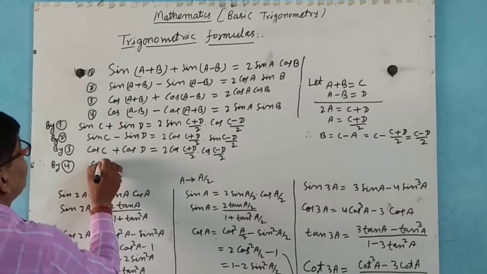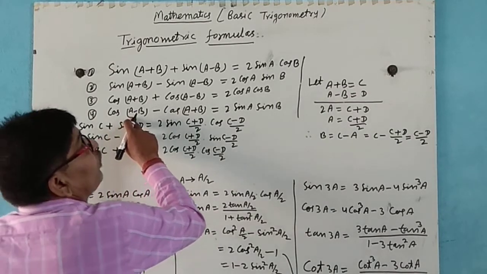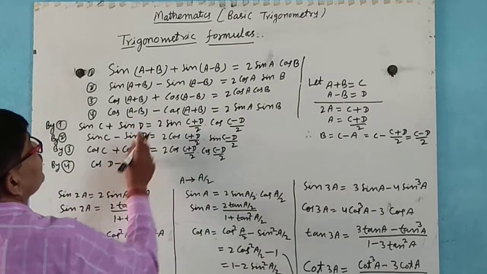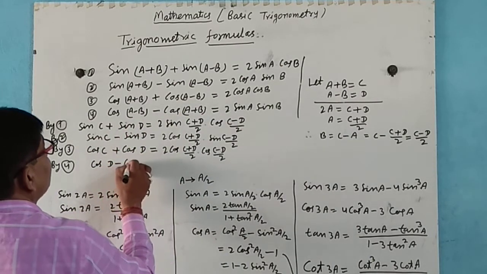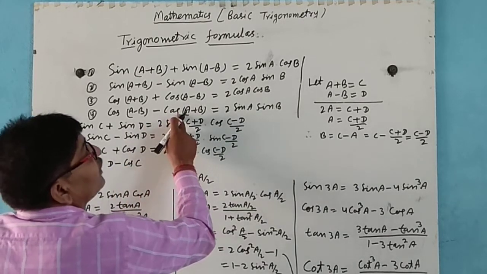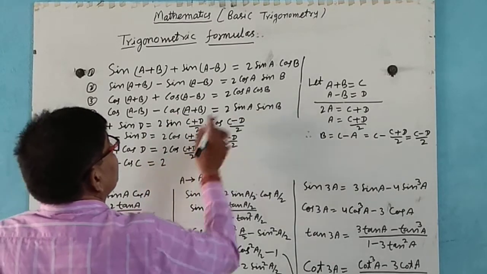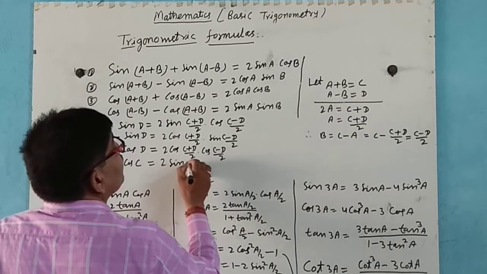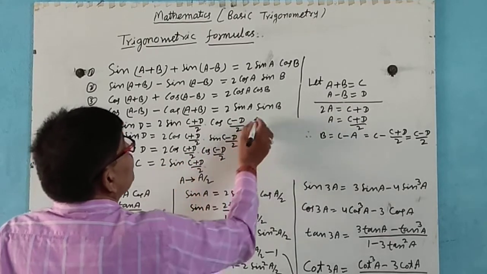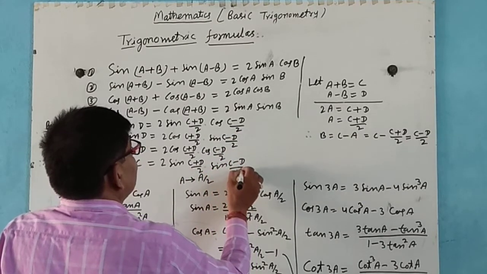cos(A−B), that is cos D, minus cos C, that is cos(A+B), equal to 2 sin A, (C plus D) by 2, into sin B, sin (C minus D) by 2.